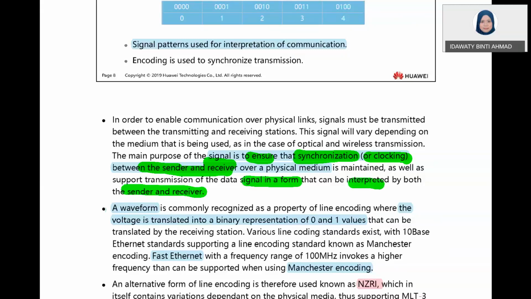You cannot have the receiver and sender with different clocking pulses. That is one of the purposes of line encoding.